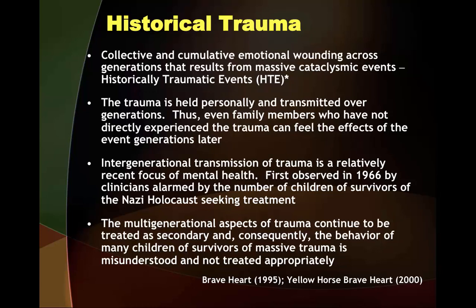The multi-generational aspects of trauma continue to be treated as secondary, and consequently, the behavior of many children of survivors of massive trauma is misunderstood and not treated appropriately, which is why it's important as social workers that we look at these contemporary issues through the lens of trauma and historical trauma, because any interventions that we do in Native American communities without integrating that into the treatment modality or intervention model won't be as effective.